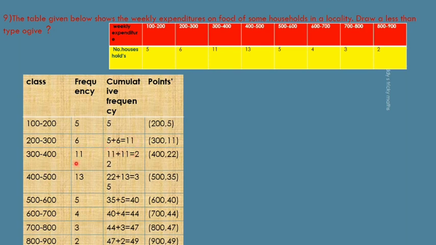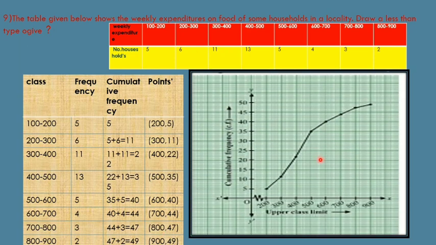Class, frequency, cumulative frequency. It is 5 plus 6, that is 11, 11 plus 11 is 22, 22 plus 13 is 35, 35 plus 5 is 40, 40 plus 4 is 44, 44 plus 3 is 47, 47 plus 2 is 49. That's the way you can get the cumulative frequency.